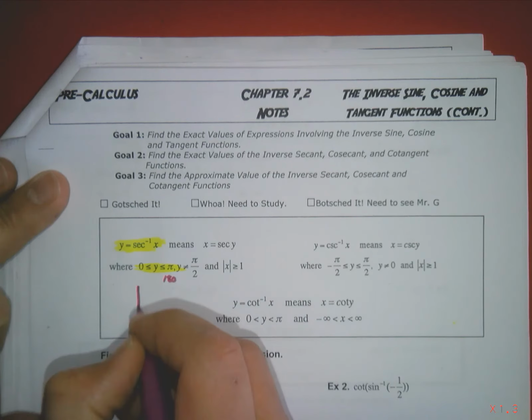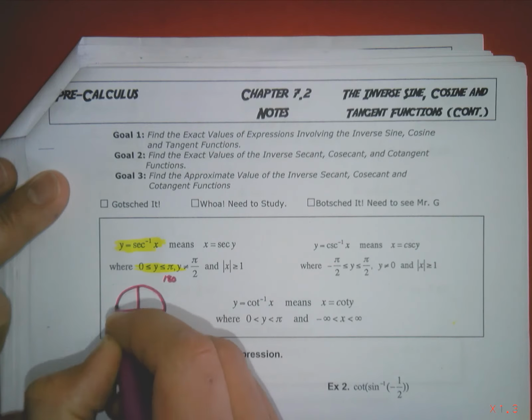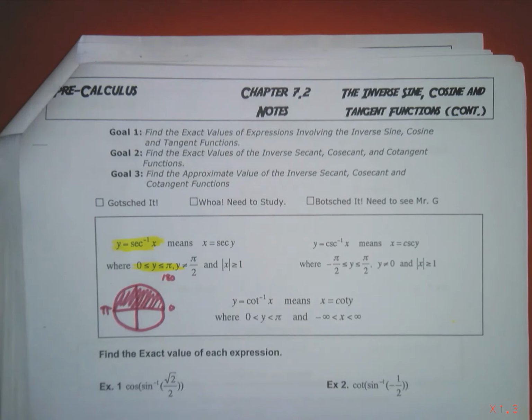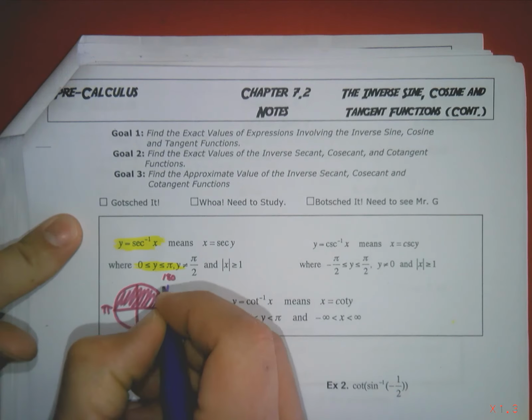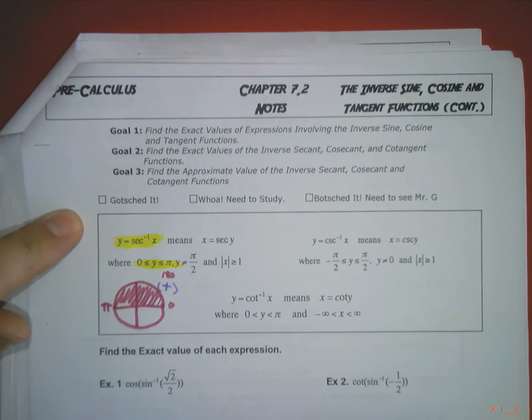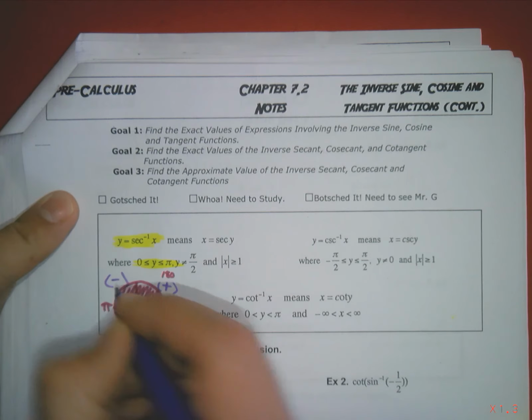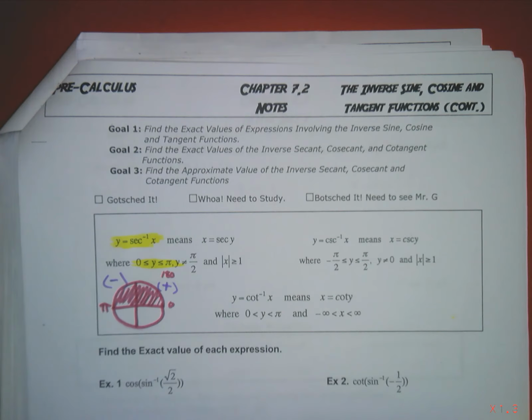So if I'm looking here, 0 is right here, pi is right here. It's going to work in these two quadrants. If I have a positive ratio of sides, it's going to be working in quadrant 1 like everybody does. If it's in quadrant 2, it's because it's a negative ratio of sides.